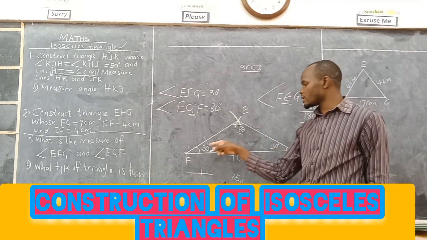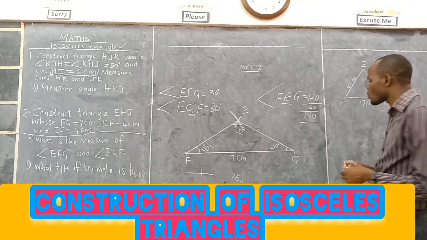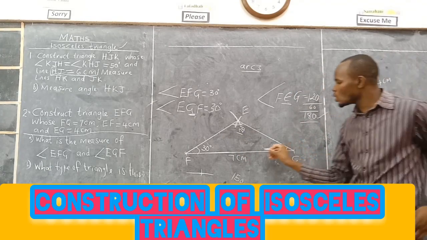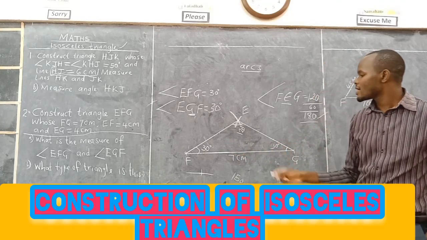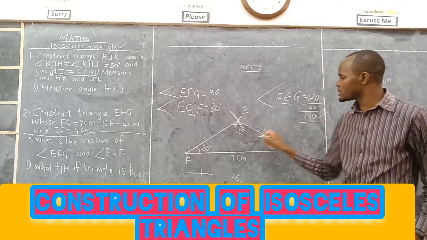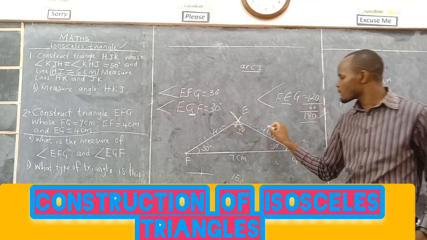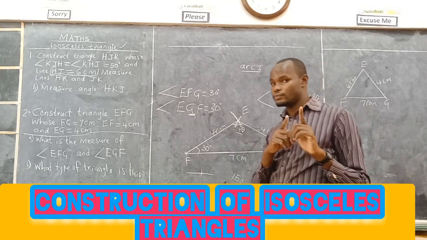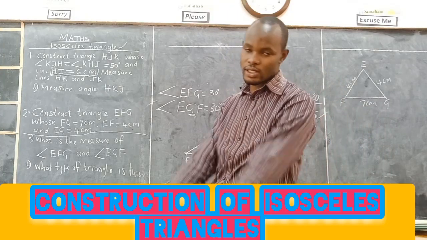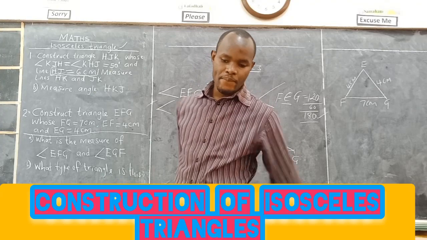So the sum of the interior angles add up to 180 degrees. Two of the angles, this one and this one, are equal. Two of the lines, this was 4 centimeters, this was 4 centimeters, are equal. Those are the properties of an isosceles triangle.